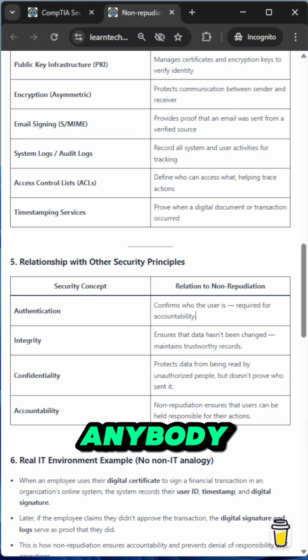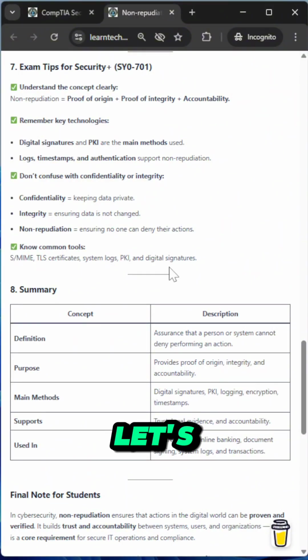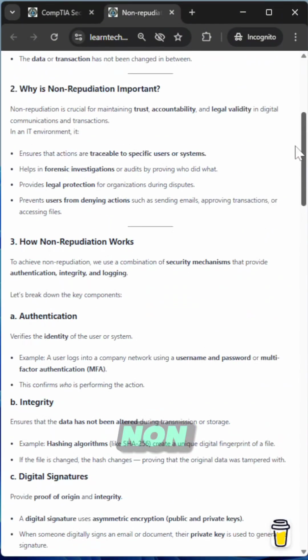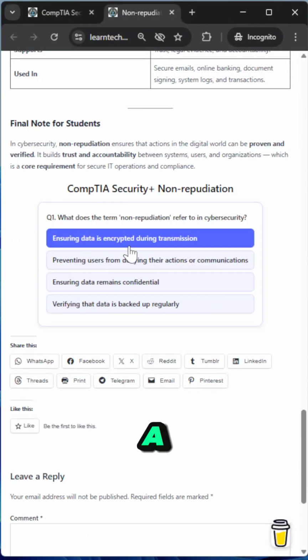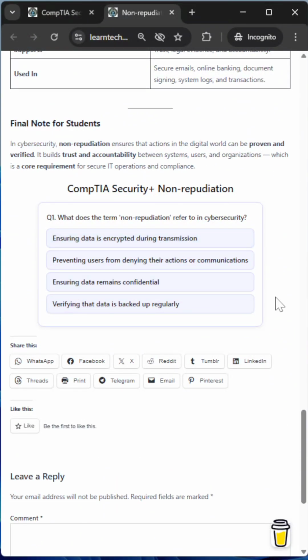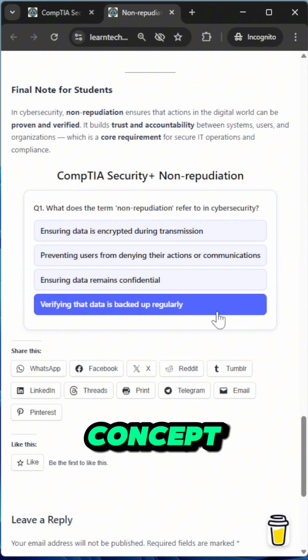If anybody makes any changes, everything is logged, so you can find out who did what, and a person or a system cannot deny later on that they did it. Let's not go into too much detail here, because you don't need to know much about non-repudiation for the exam. Let's try a few questions to understand the concept.